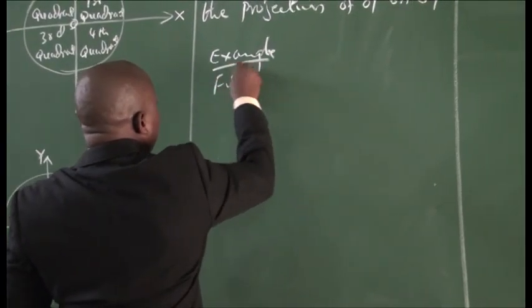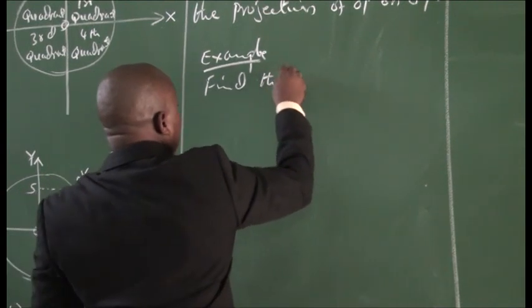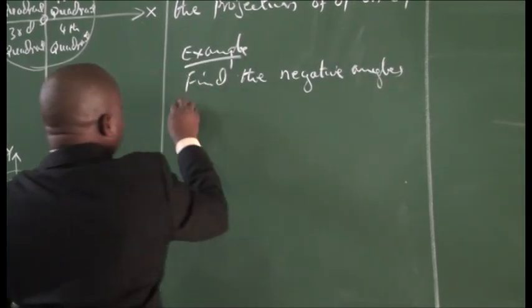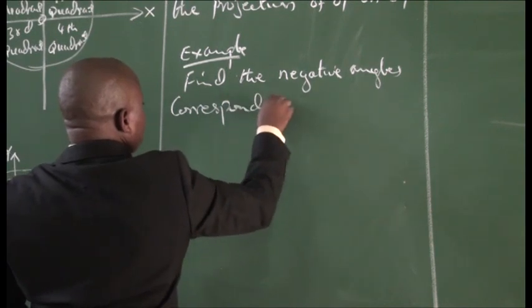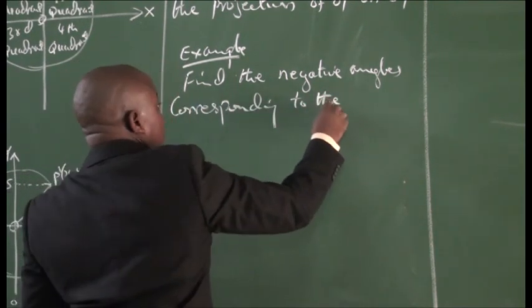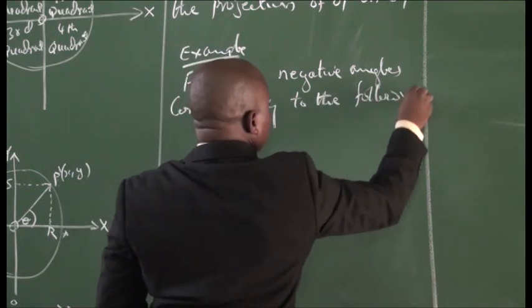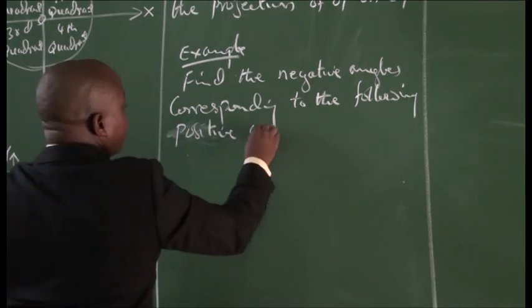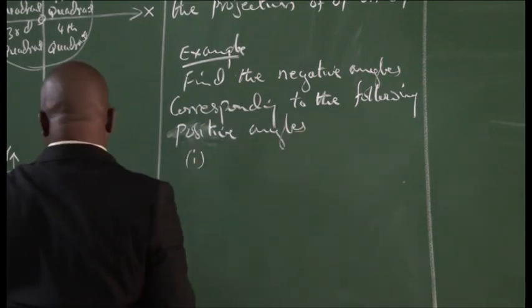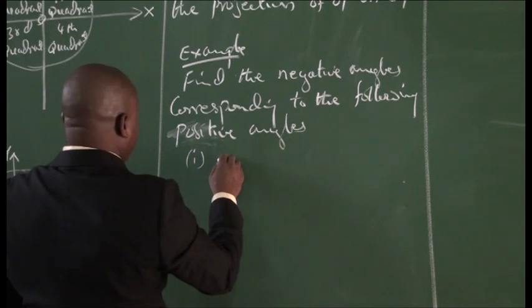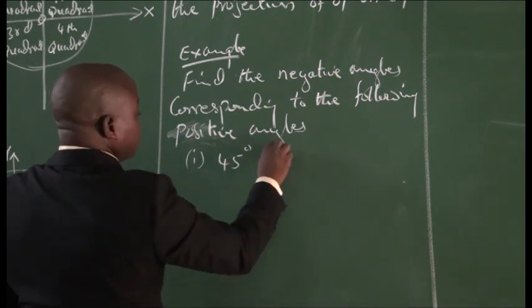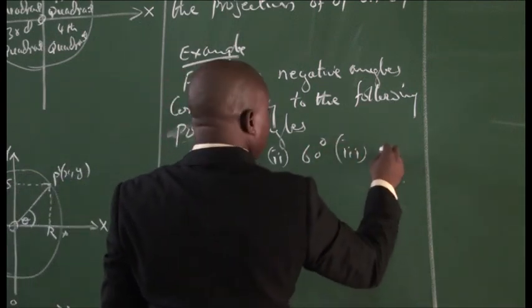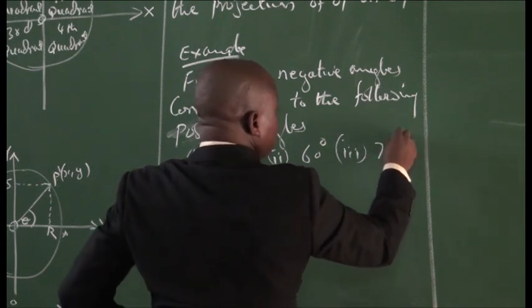Example: find the negative angles corresponding to the following positive angles. 1, I have 45 degrees, 2, 60 degrees, 3, 72 degrees.